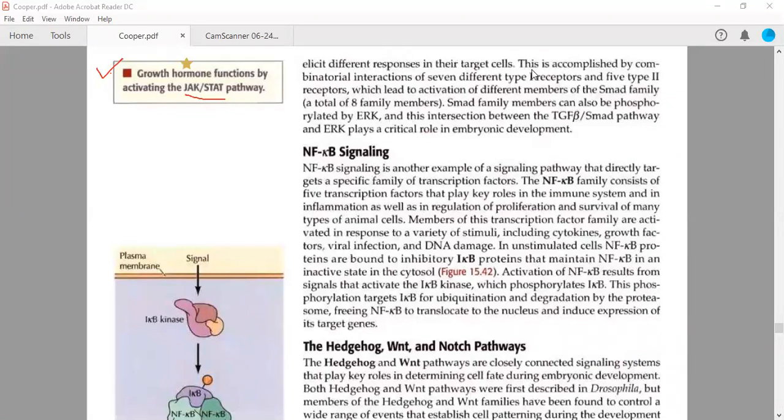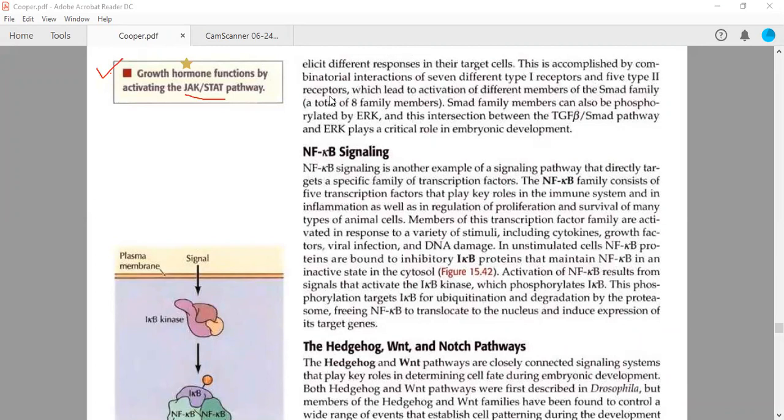responses in the target cells. This is accomplished by the combinatorial interaction of the 7 different type 1 receptors and 5 type 2 receptors. So actually type 2 is activating type 1, and there is diversity present in our cells because these transforming growth factor receptors come in many types.